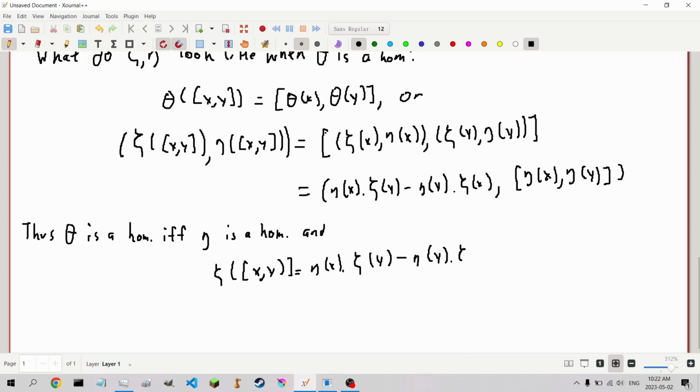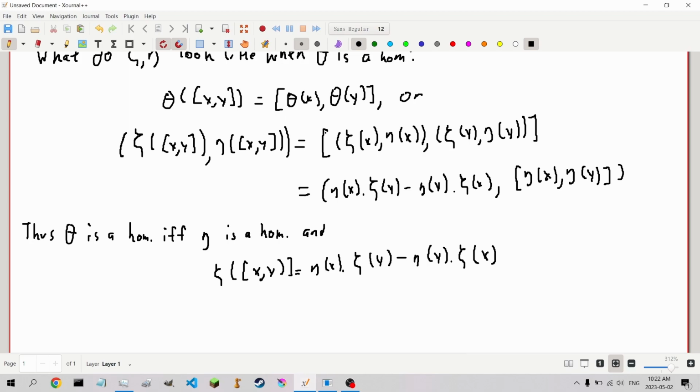And keep in mind, once again, these periods are evaluation, because the image of the elements in the group under the bar on the right is in the general linear algebra.